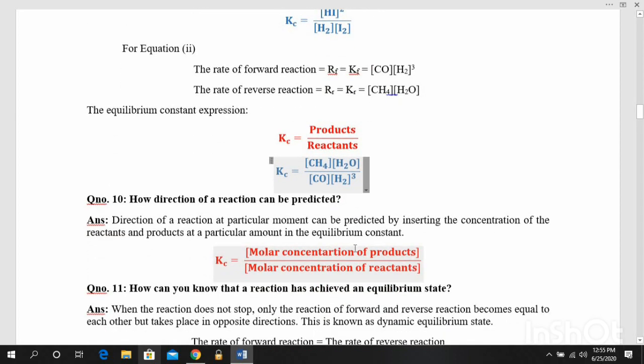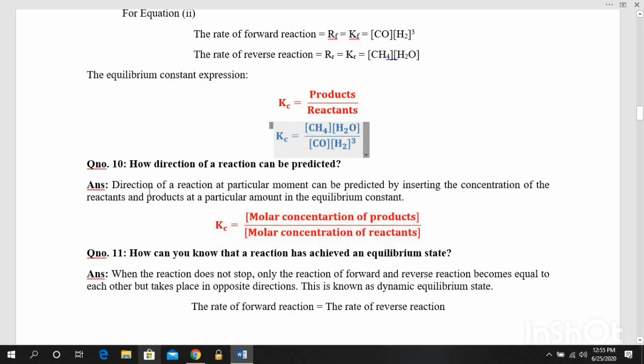Okay, so moving ahead to question number 10, which is how the direction of a reaction can be predicted. The direction of a reaction at a particular moment can be predicted by inserting the concentrations of reactants and products at that moment into the equilibrium constant expression. This point has been studied in the last topic of the last chapter, the importance of equilibrium, where we studied in detail how to predict the direction of a reaction.